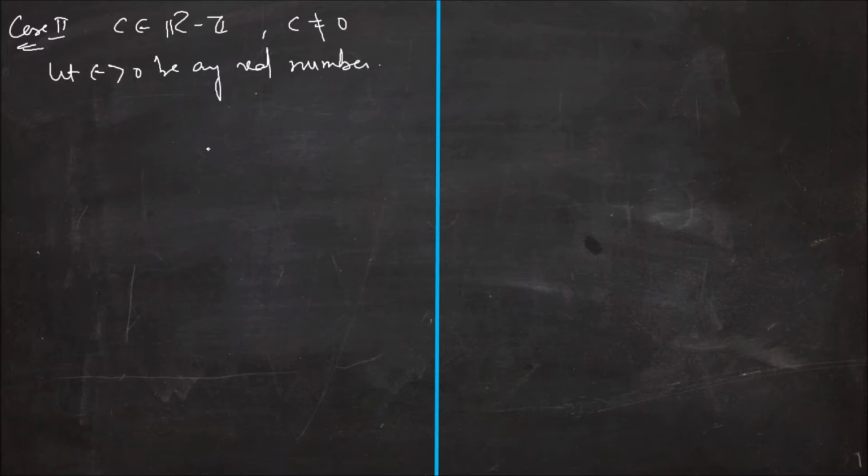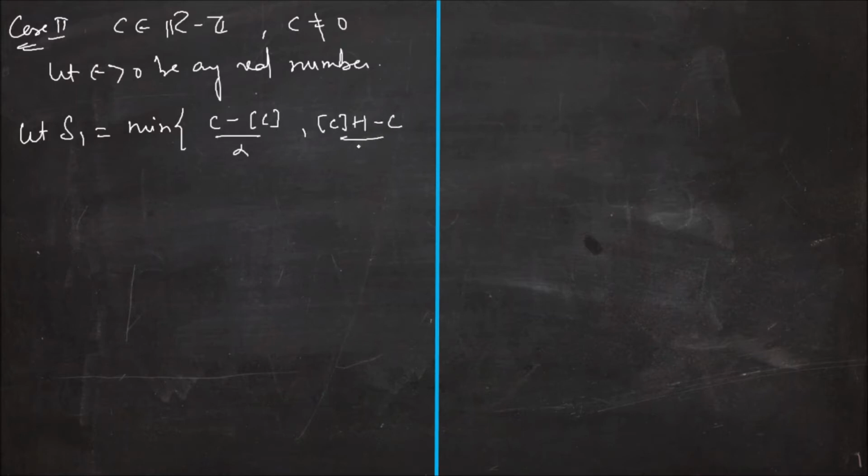So what shall we do? We shall take delta 1 equal to the minimum of c minus [c] by 2 and [c] plus 1 minus c by 2, same as we did in the last part. Because c is a real number which is not an integer, the consecutive integers between which c lies are these two.